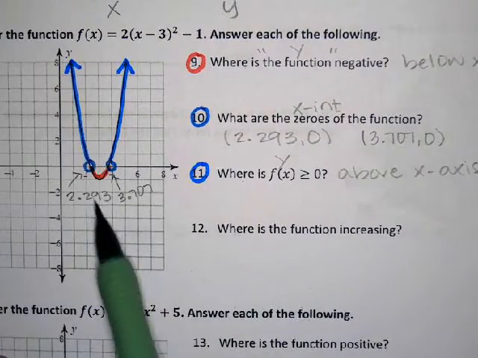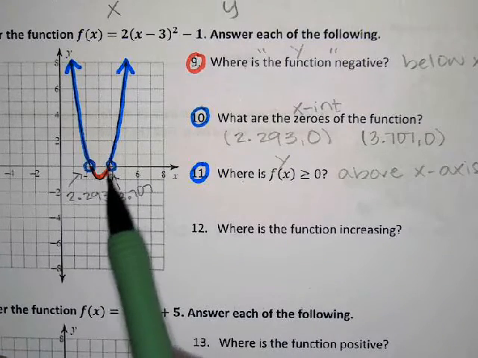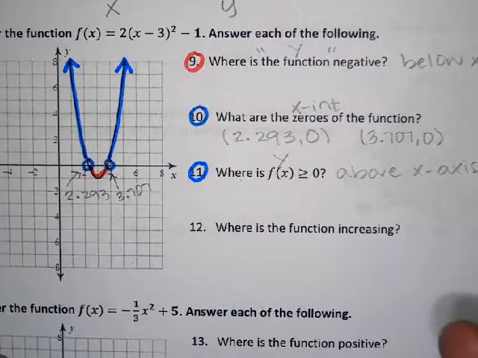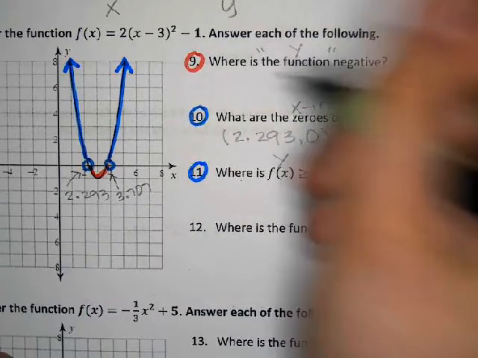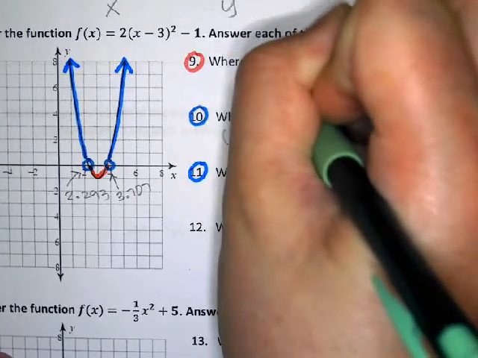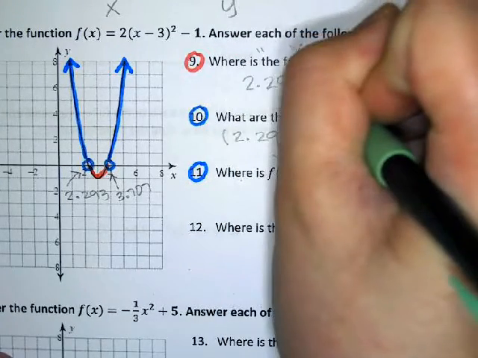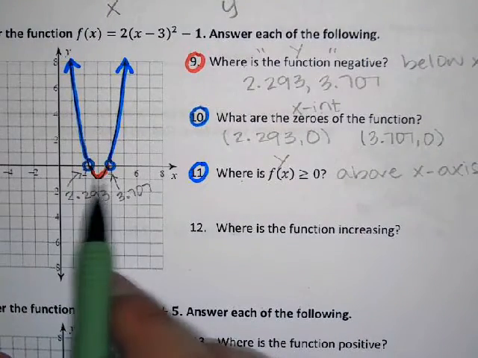It's from here to here, right? So if you plug in anything between those two x-intercepts, you're going to get a negative y value, right? So I'm going to say if you plug in anything between 2.293 and 3.707, you're going to get a negative answer out of that.